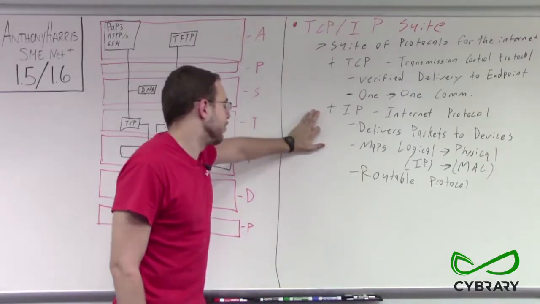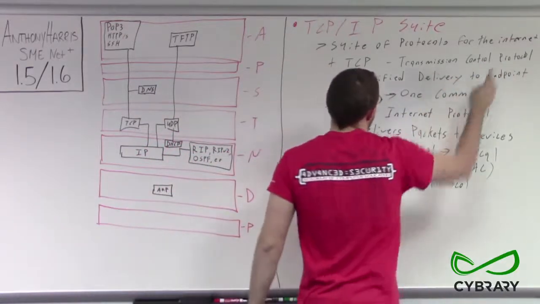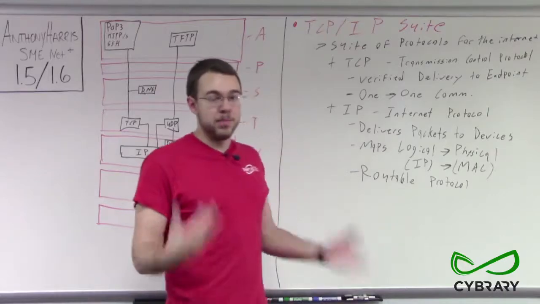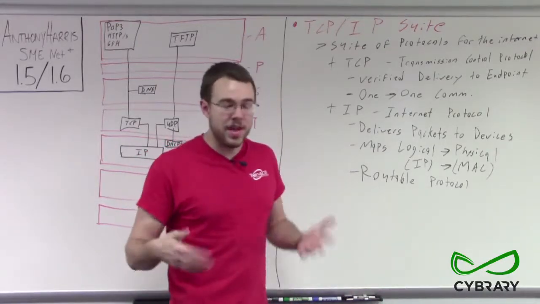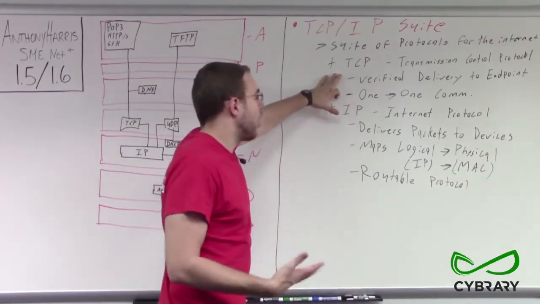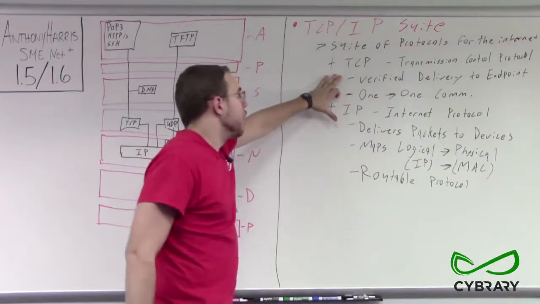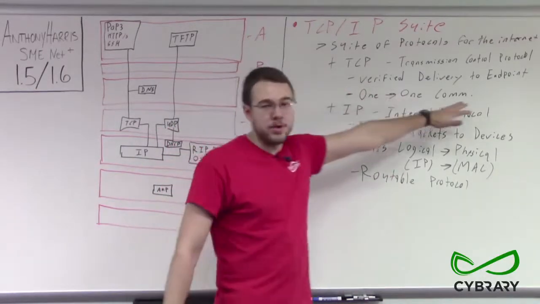Now, the TCP/IP suite: TCP/IP stand for individual topics. TCP stands for Transmission Control Protocol, and we've talked a little bit about TCP before, in the context of TCP versus UDP, and we'll get to that in a little bit. But TCP is a protocol for transmitting data with verified delivery to the endpoint of a one-to-one communication.